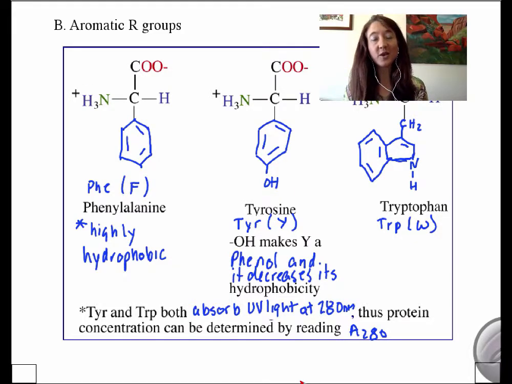You can read A280 readings, looking at a UV spectrophotometer that will measure light absorbance and will therefore tell you how concentrated your protein is in solution based upon the concentrations of tyrosine and tryptophan because they absorb the UV light at 280 nanometers.